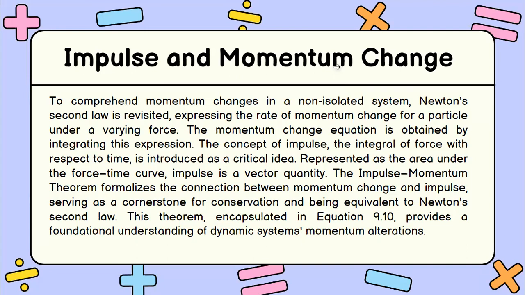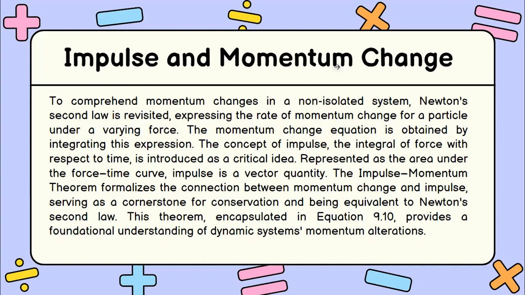The momentum change equation is obtained by integrating this expression. The concept of impulse, the integral of force with respect to time, is introduced as a critical idea, represented as the area under the force-time curve.